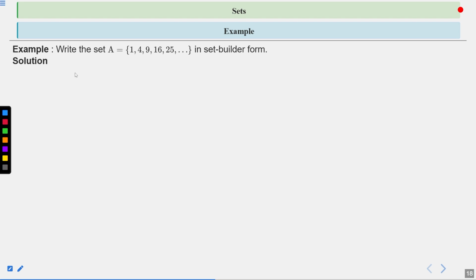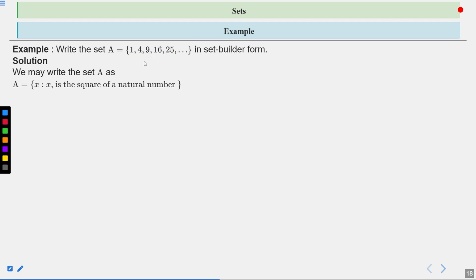So solution. Very simple. Just try to observe what is happening here. So 1 is simply 1, 4 is 2 square, 9 is 3 square, 16 is your what? 4 square, 25 is 5 square, and now you can follow the pattern, it is going to be the same.